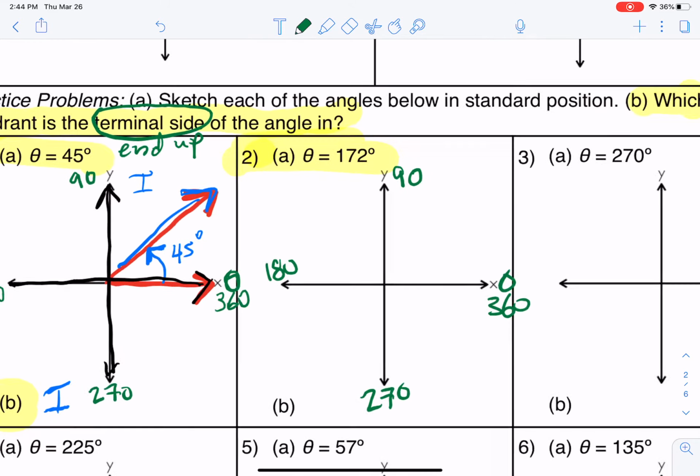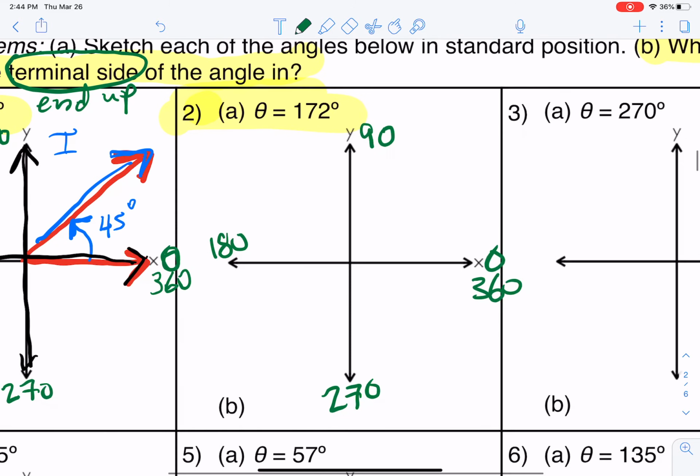Let's maybe zoom in on that problem. All right, and I'm going to always start my initial side in the same place. So my initial side here is the positive side of the x-axis. And now I'm going to 172.